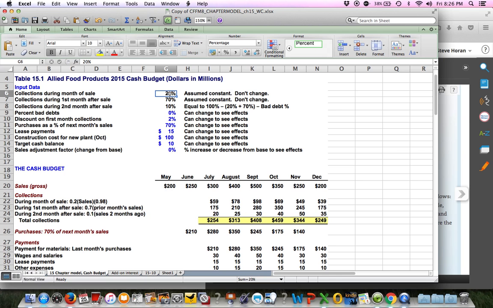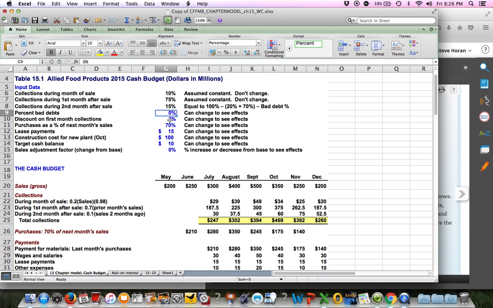Like the one we had was 10, and then it was 75, and then 15, for example. So it just says those have to add to 100 or minus the bad debt expense. So maybe you've got one that said that last month is different because you impact bad debt expense or whatever that is. So this one, there was no bad debt expense.